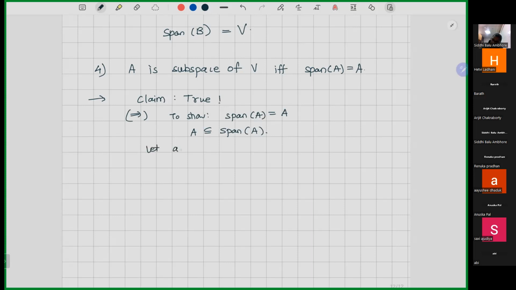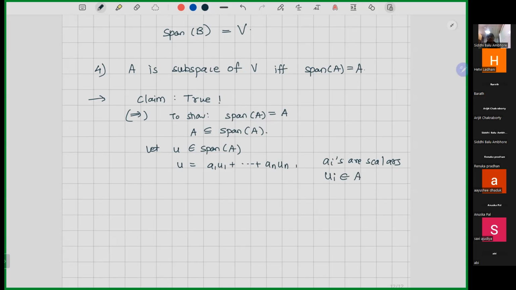Now let U belong to span of A. We want to show that span of A is contained in A. So we will choose an element U from span of A, and now we will show that it belongs to A. U belongs to span of A means that U is of the form A1 U1 plus ... plus AN UN, where the AIs are scalars in our scalar field, and the UIs belong to A, right?